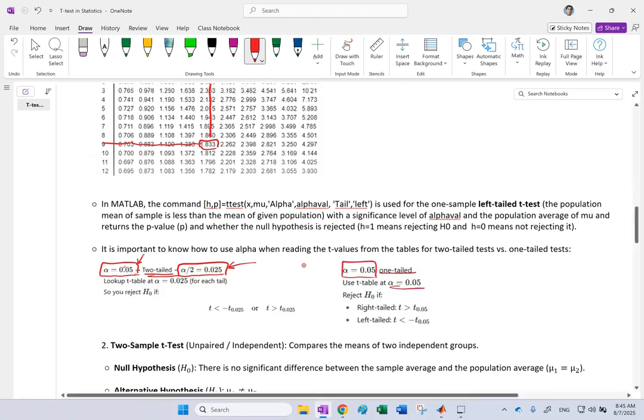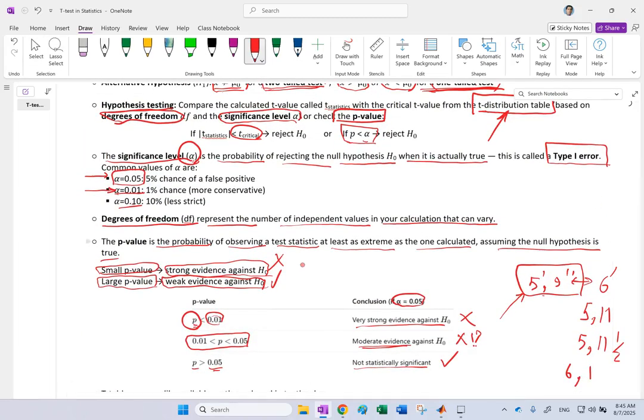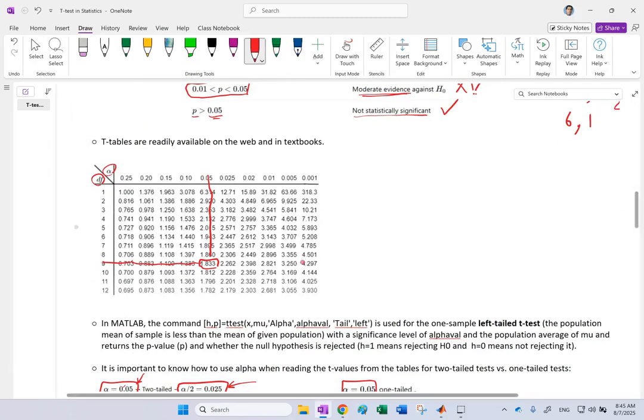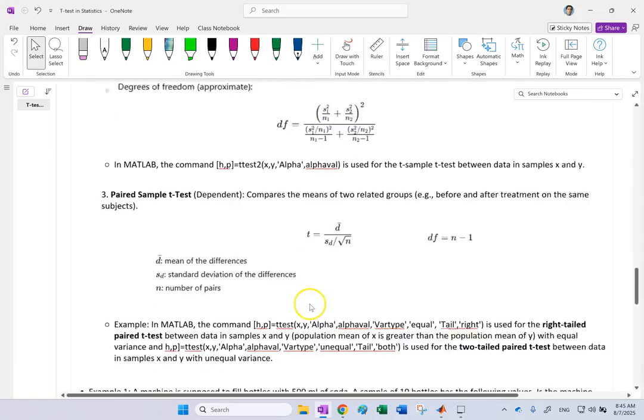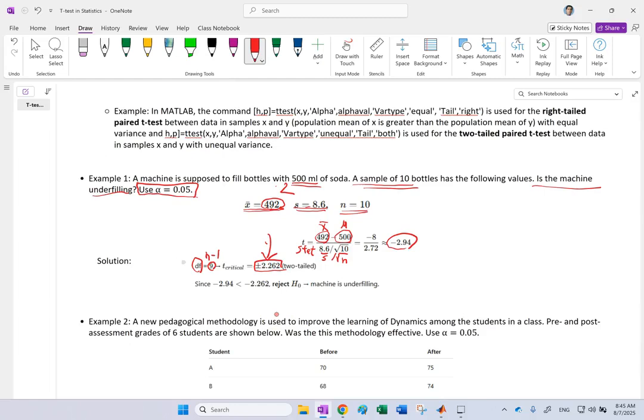So in this case, for a two-tail test, I have to go with half of that, which is 0.025. So I have to go down this column, and this is the number that you get, 2.262. And that is this number that you see here. You see? Because I'm using a two-tail test, I use alpha over 2.